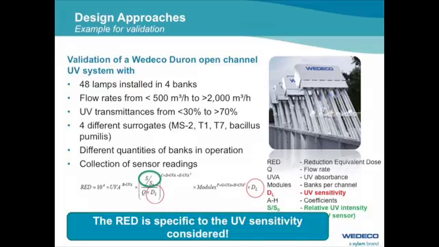All we need is to take a water sample in order to determine how sensitive your pathogens are. And then you can enter this as the DL value, which is describing the UV sensitivity. And you will exactly know under which conditions the system will provide a log reduction of 3, 4, or whatever you need.